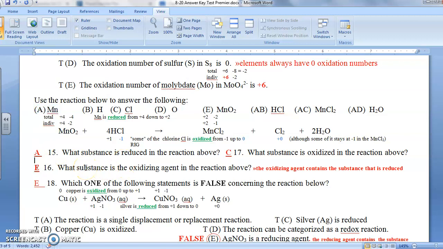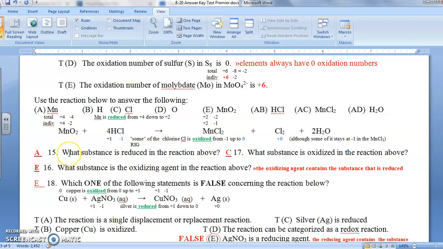Number 16, what substance is the oxidizing agent? The oxidizing agent contains the substance that was reduced, because in order for you to be reduced, you have to oxidize something else. So we're looking for the substance that contains the thing that was reduced.